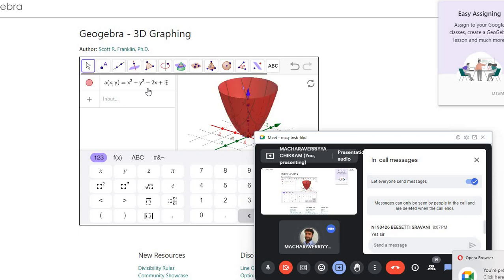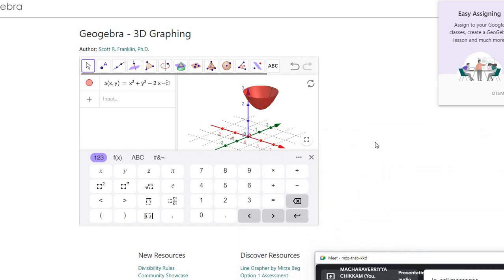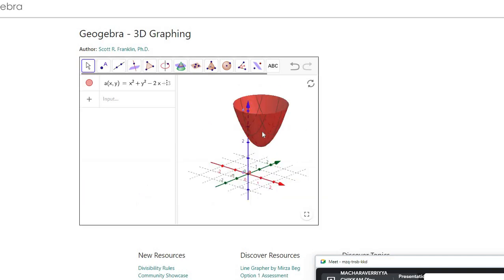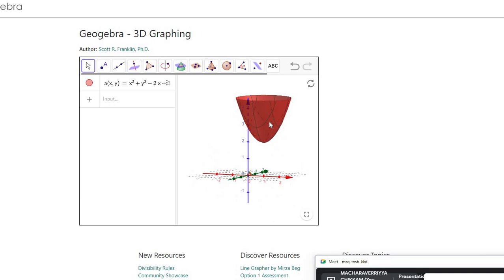Now you see this is a parabola. I hope you can see that parabola. Now let me make it big. So this is the parabola you have.